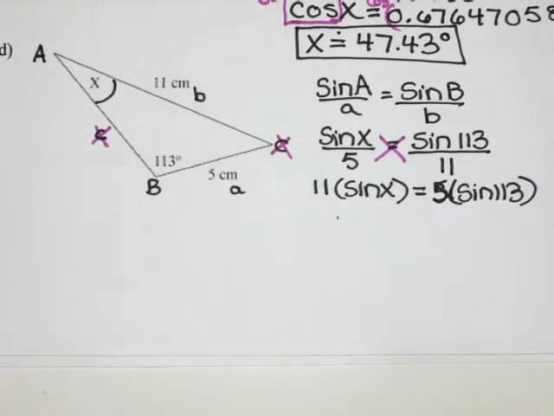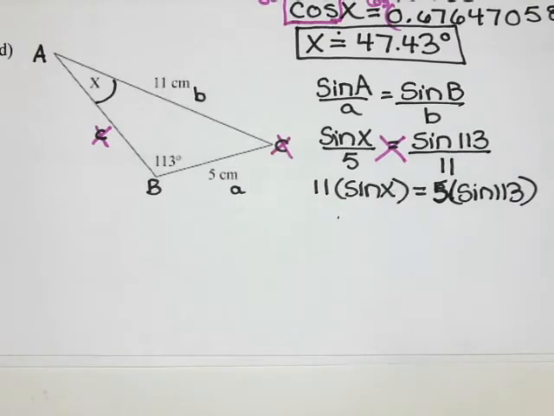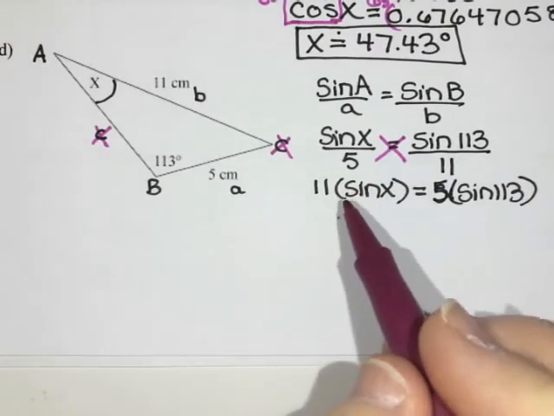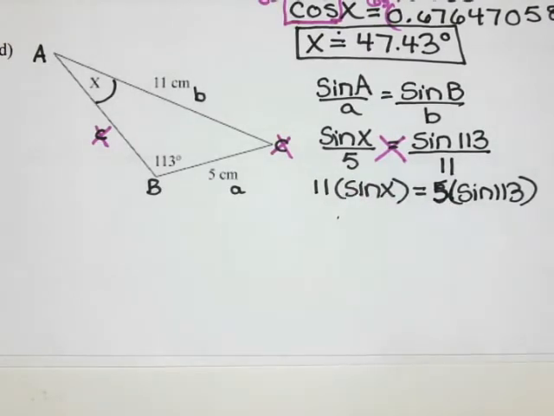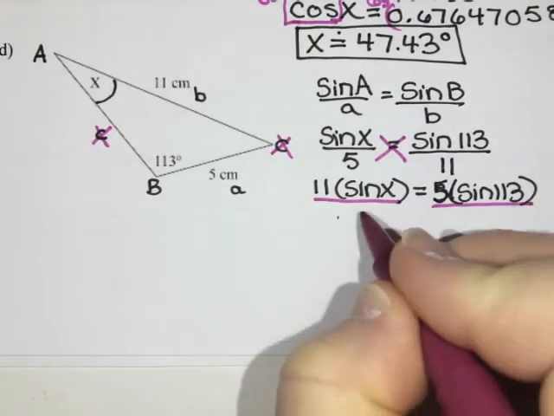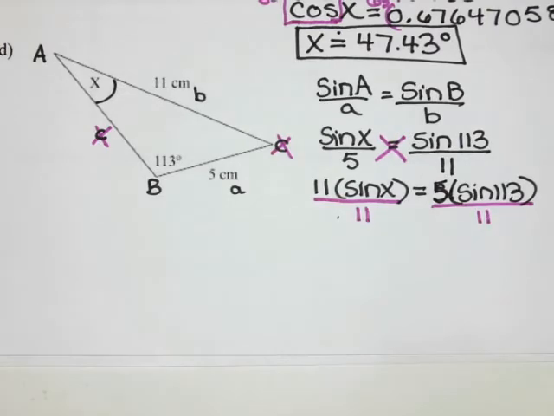Now, from here, I could start working things out. I could do 5 times sine of 113, but over here, I can't work out sine of x since I don't know what x is, and I already know that 11 is 11. This is not sine of 11, by the way. It's 11 times sine of x. So I think I'm going to do one more step before I use my calculator, and that is that I'm going to divide both sides by 11, since the opposite of multiplying is dividing.